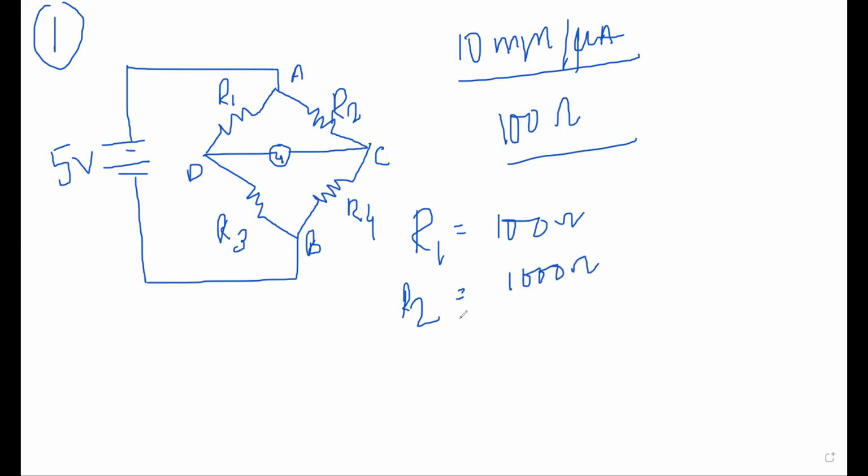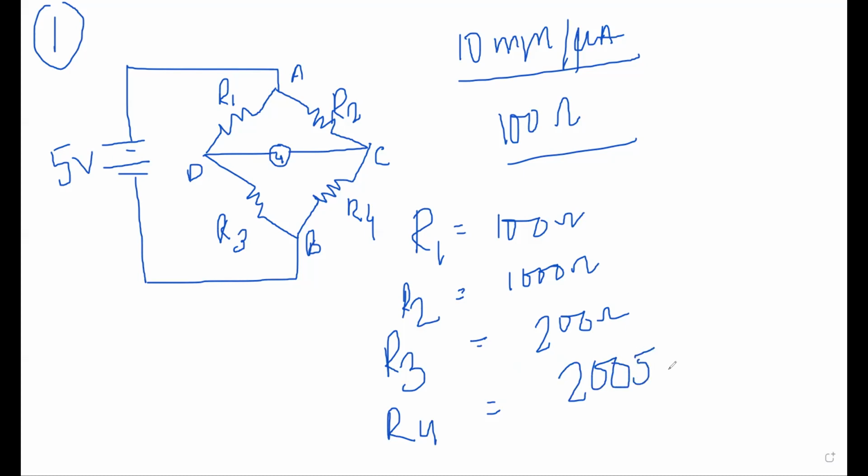R3 is 200 ohm. And R4 is 2005 ohm. These are the 4 resistance values given in your problem, and you are also given the current sensitivity and the internal resistance of 100 ohm.